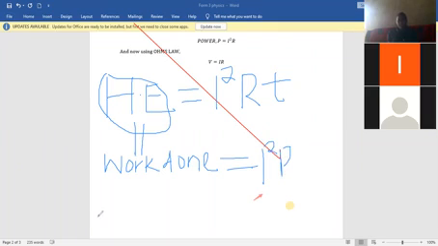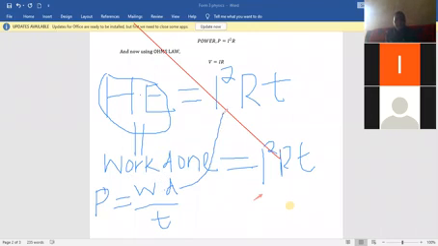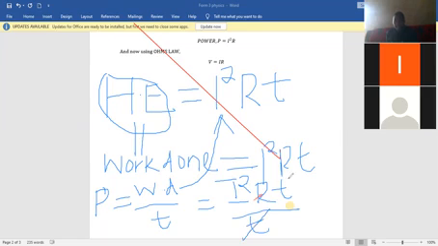T. But now, since we said power is equal to work done all over time, and this work done is the same as this heat energy, you have I squared R T divided by T, and T cancels out with the T. Can you see that now?